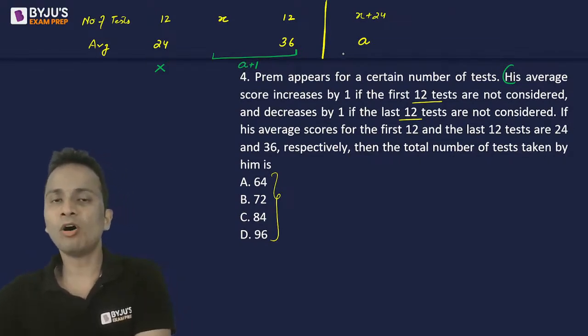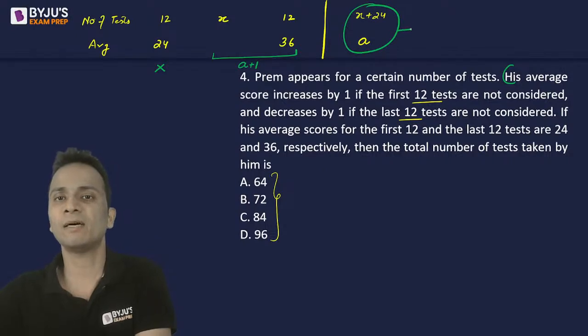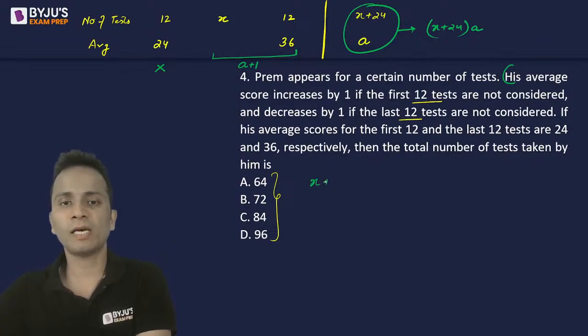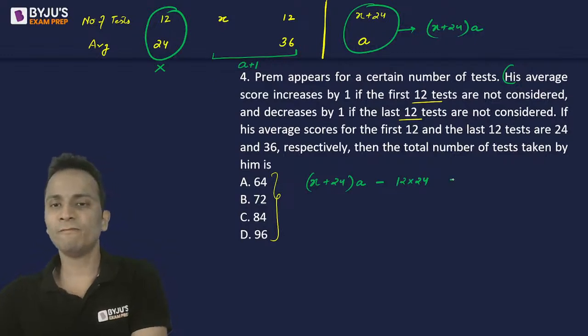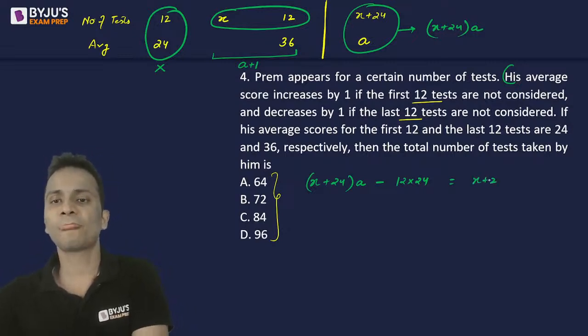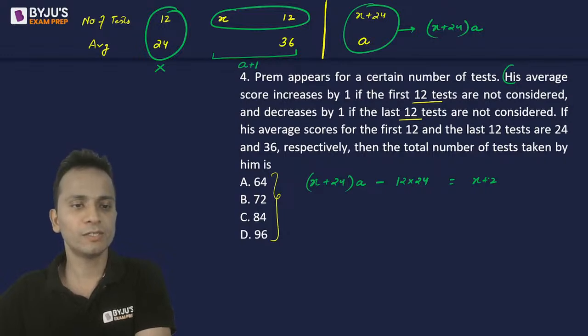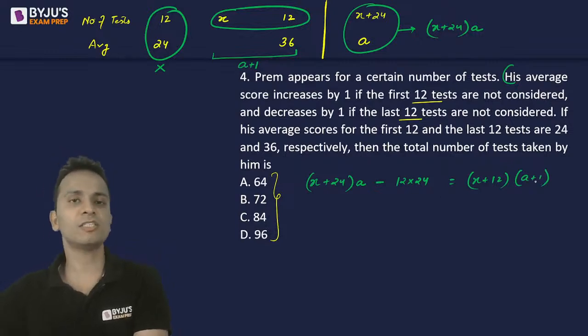So if I consider the sum of all the tests, this is the entire sum, that is X plus 24 multiplied by A. If I remove the first 12 tests, that is 12 into 24, then for the remaining X plus 12 tests, the average is A plus 1.